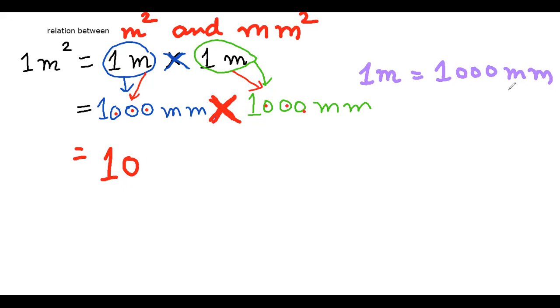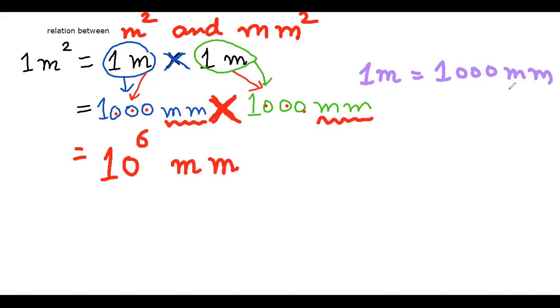There are 6 zeros. Therefore, we will write 10 raised to power 6. And millimeter: how many times is millimeter occurring in this multiplication?